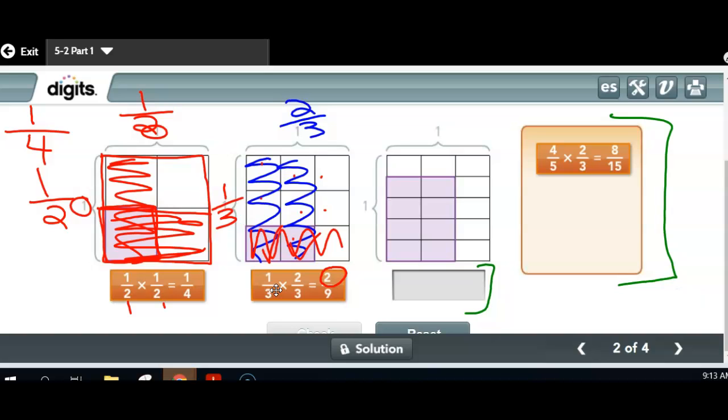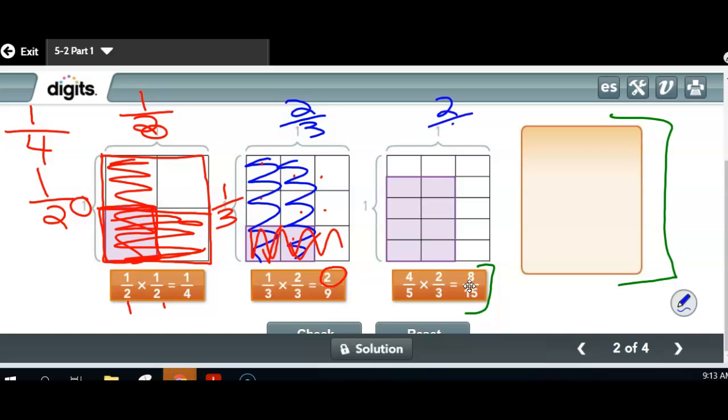All right, what about the last one? 4/5 times 2/3. What number would go on the top? Which fraction? Awesome. 2/3 is going on the top, multiplied by 4/5. How do we know that? 2/3 is on the top. We're breaking it into thirds. 1, 2, 3. 2 of them are shaded in.